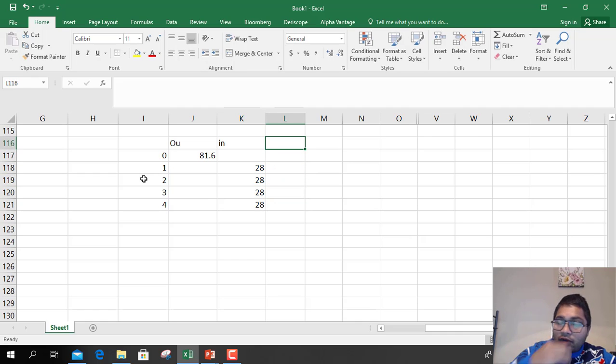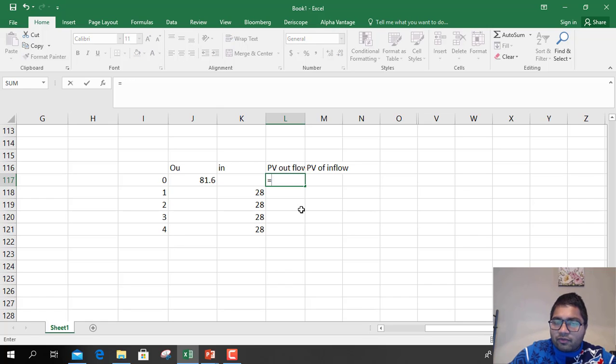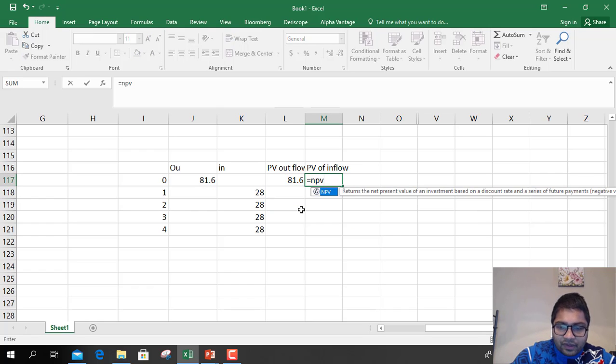We follow our process: we calculate the present value of outflow and the present value of inflow. Since the outflow occurs right now at time 0, its present value is just that. Then the present value of inflow.